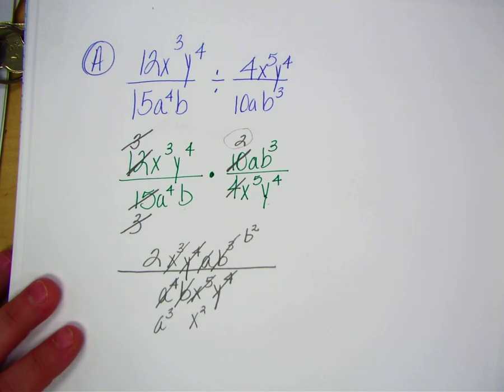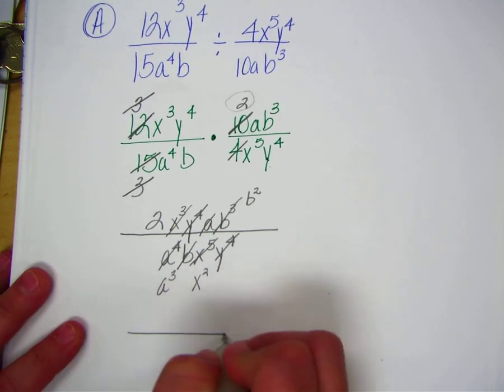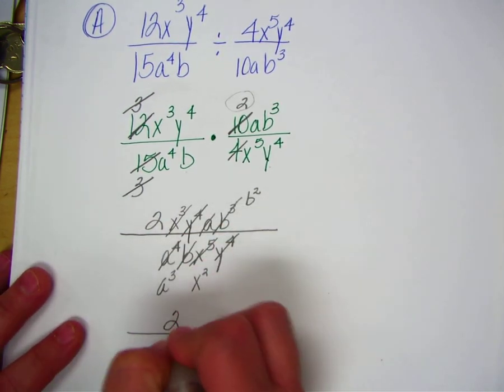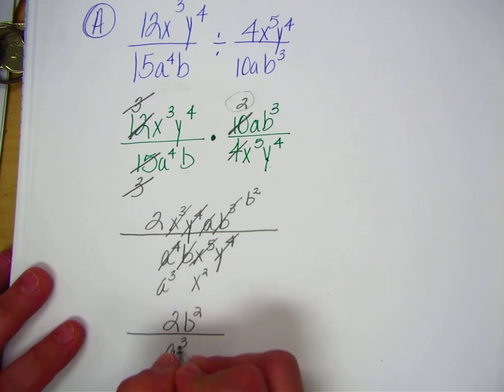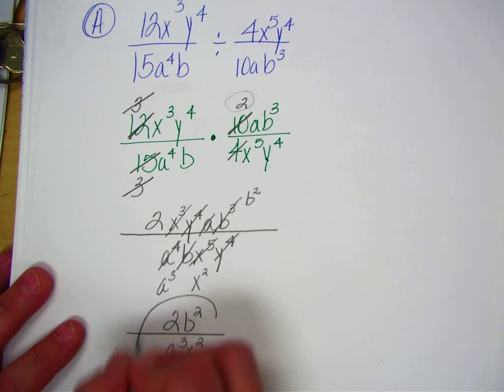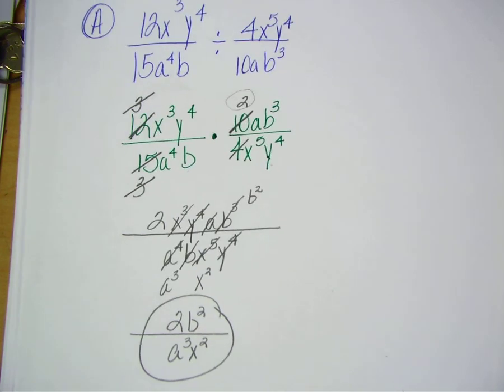I have a question. Okay. Wait, no, never mind. I answered it. Okay. So in the numerator, I'm left with a 2 and a b squared. And in the denominator, I'm left with a cubed x squared. And that won't reduce anymore. Anybody have a question about that one?